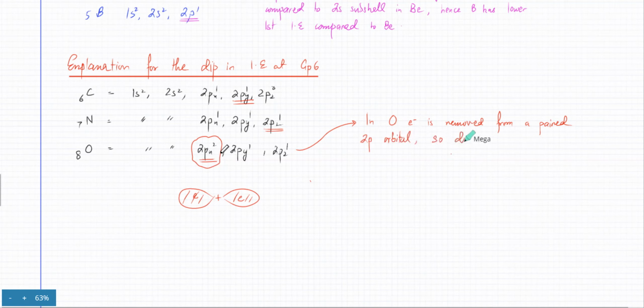So due to spin pair repulsion, the electron-electron repulsion within the orbital, it becomes easy to remove electrons.